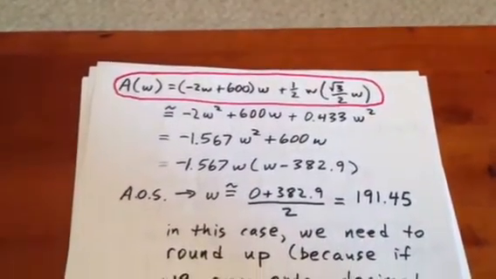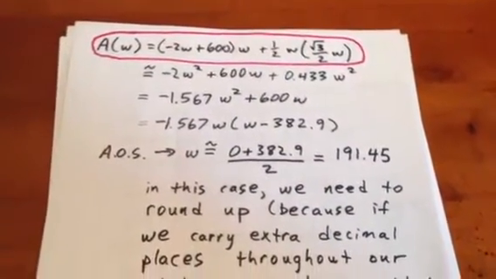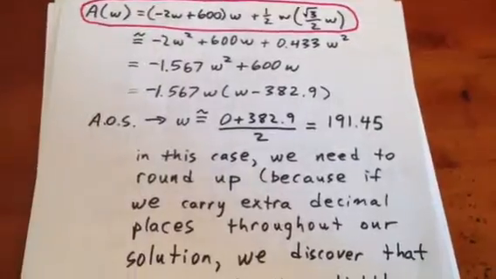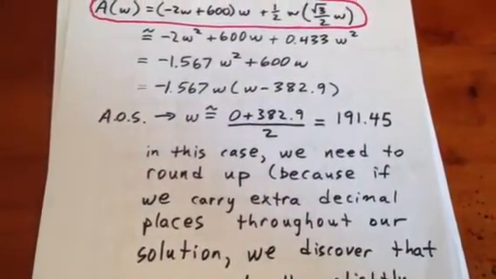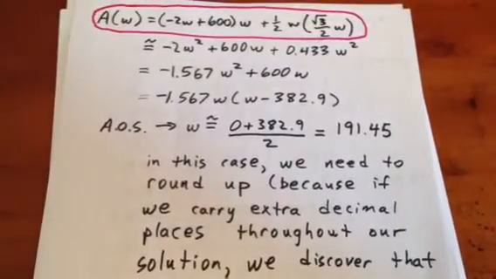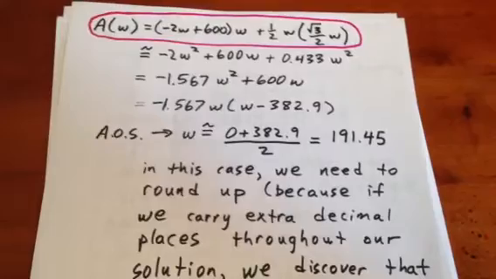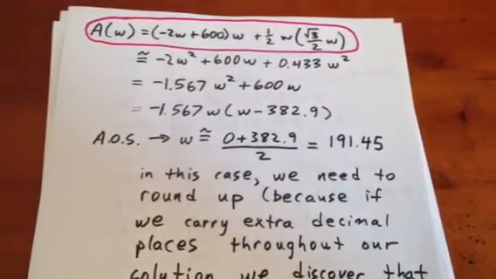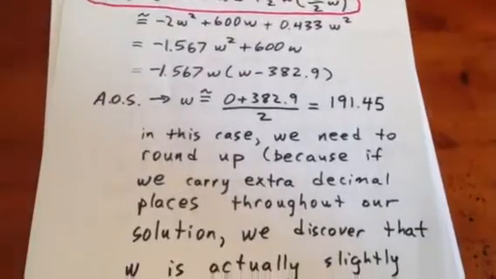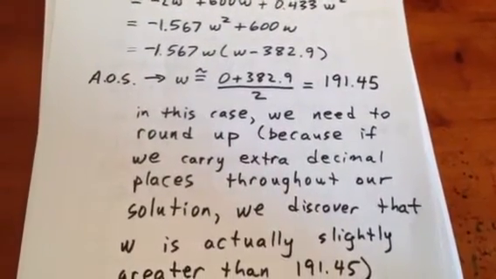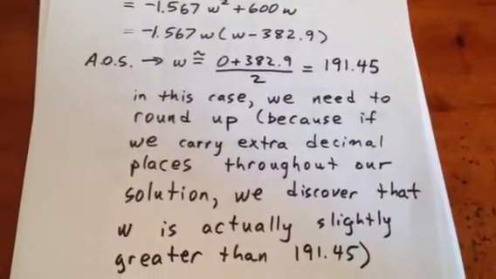And next what we're going to do is look for the axis of symmetry. We have an axis of symmetry at a w value of approximately 191.45. So that means that our maximum area will occur when the w value is approximately 191.45. Now, had we carried more decimal places throughout, we would realize that the w value is actually slightly greater than 191.45.